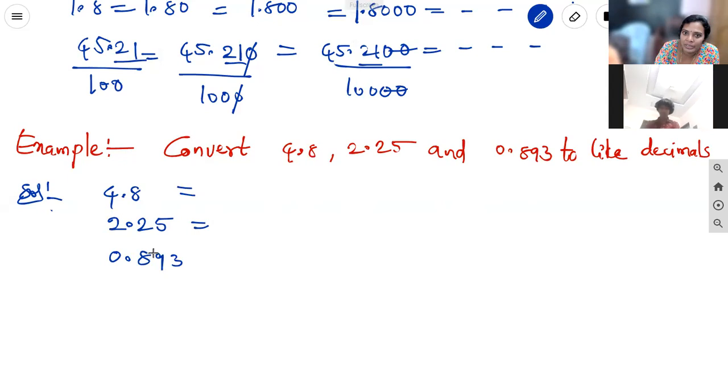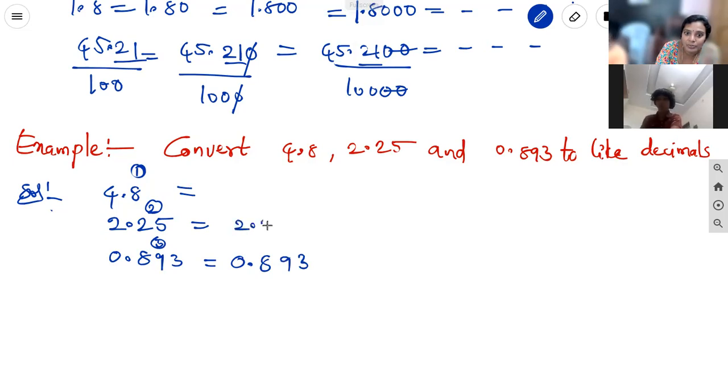You can count after the decimal point: only one digit here, two digits here, and three digits here. The biggest is 3 digits after the decimal point, so we convert all to 3 digits after the decimal point. So we write the third one as it is, 0.893.